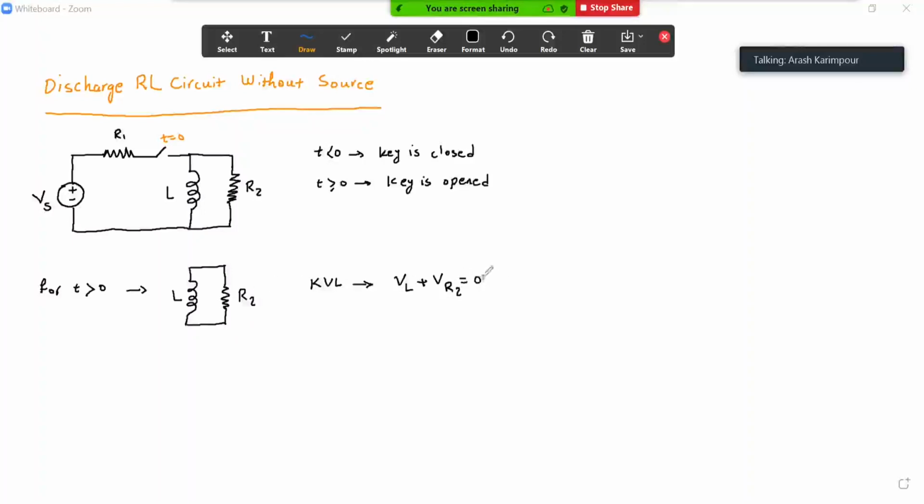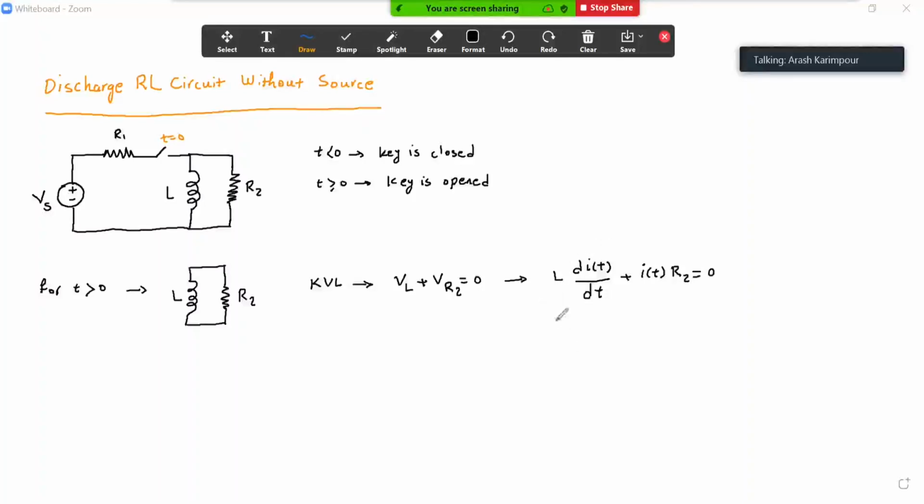If I replace the voltage in the inductor with L, the inductance, times di/dt, and for the resistance, Ohm's law gives i R. So it's i, which is time dependent, times R2. This is going to be 0. So this is going to be our equation, a differential equation, and we need to solve it.